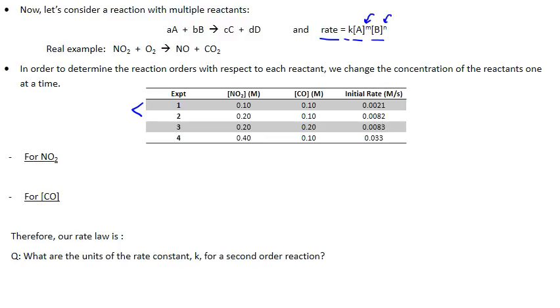But the only way that I can know how that affects the reaction is if I keep the concentration of CO the same, if I keep it constant. And that lets me know that the change that I see in the rate over here is due to changing the concentration of NO2. All right. So for NO2, I'm going to use experiments 1 and 2.